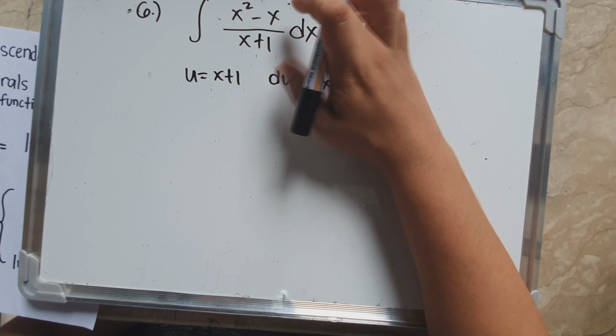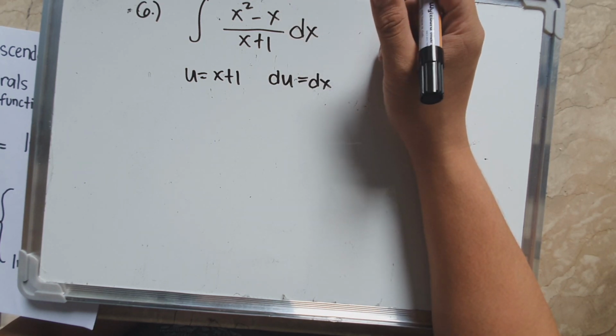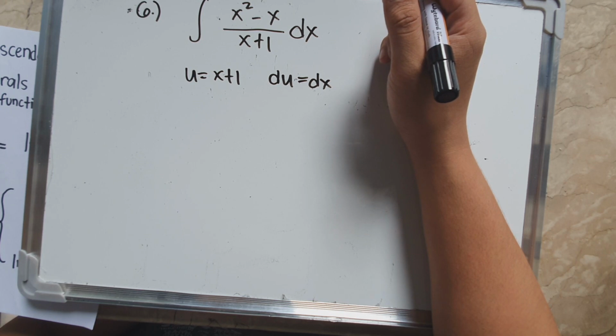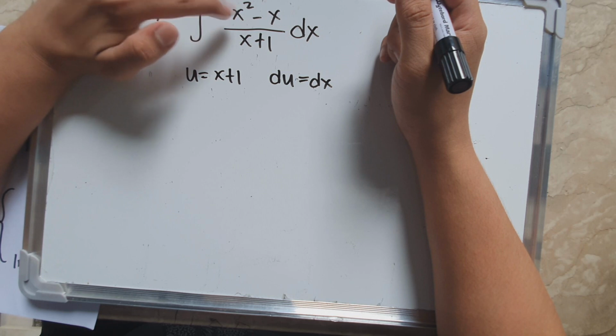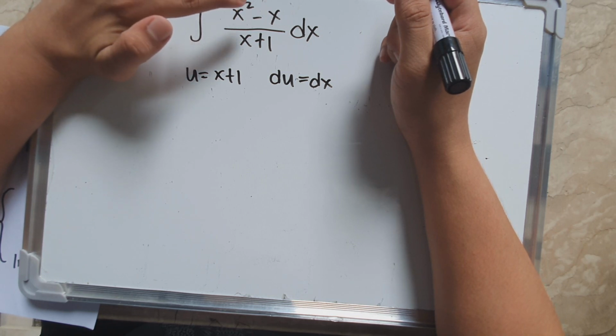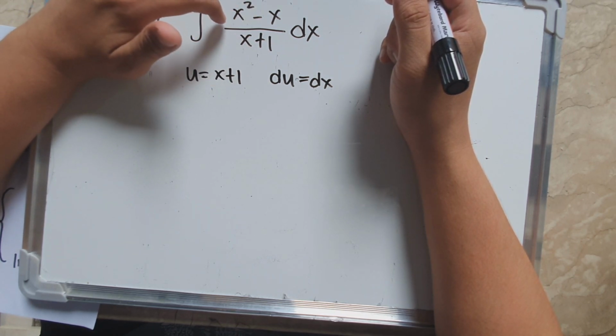So first, let's try to check the numerator and denominator values. For this fraction, x squared minus x over x plus 1, notice this is again an improper fraction.